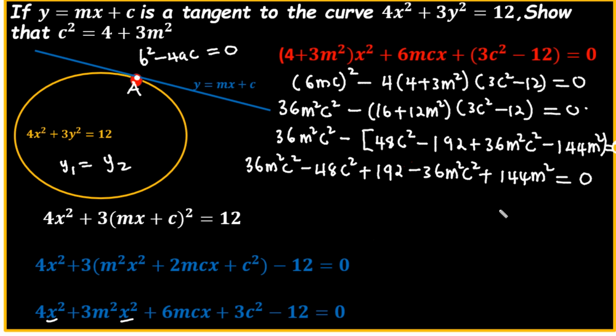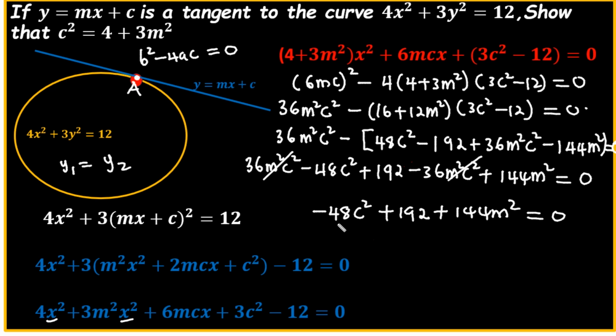Everything is equal to 0. It is clear that 36m squared c squared is going to cancel with negative 36m squared c squared. So I'm going to be left with minus 48c squared plus 192, then plus 144m squared. Everything is equal to 0.